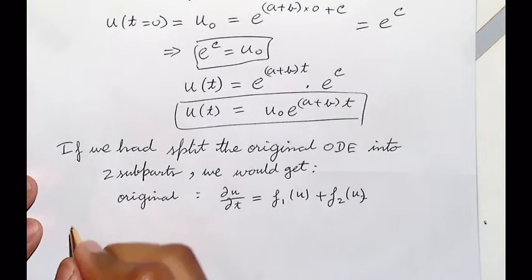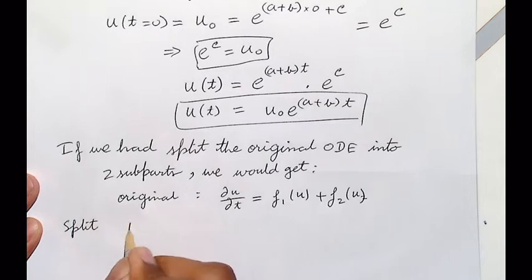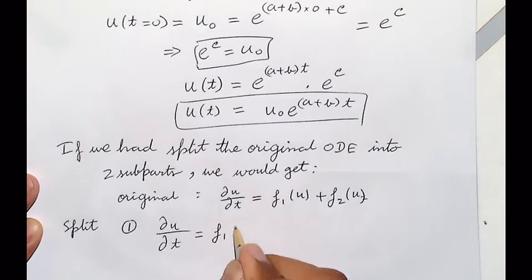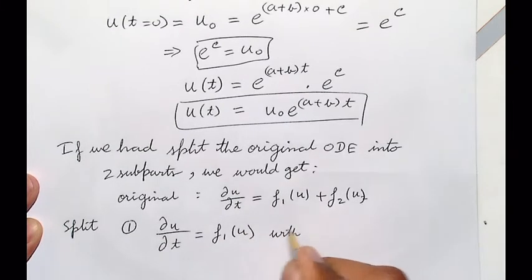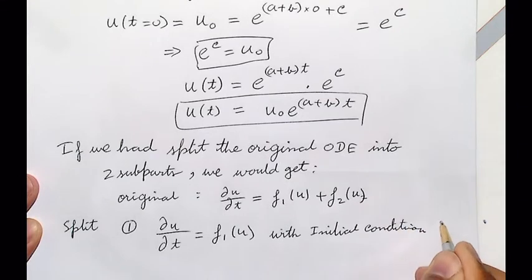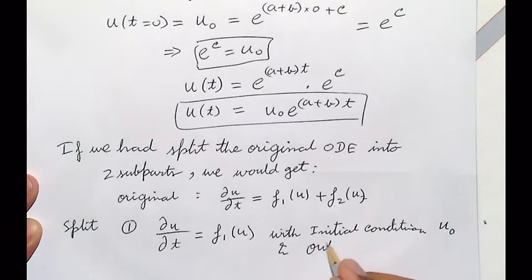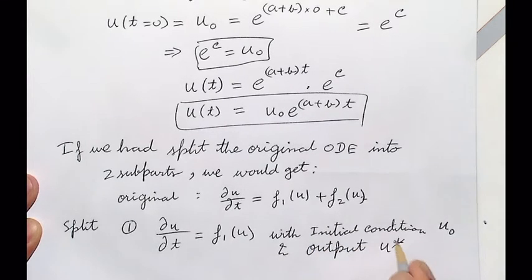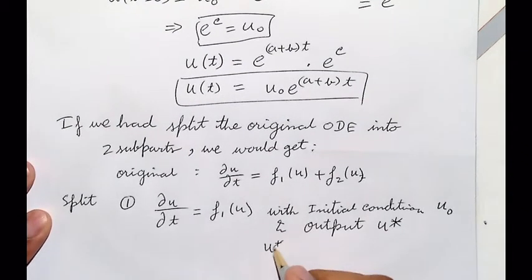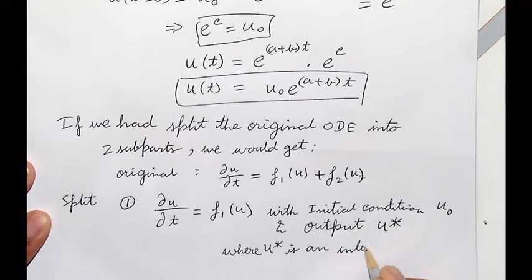Okay, and when we split it, we can say the first part is du by dt equal f1 of u with initial condition u naught and output u star. Okay, so we will say u star here is an intermediate solution.